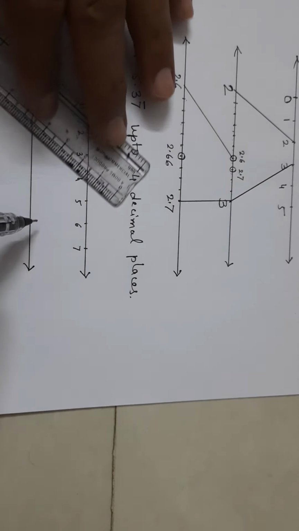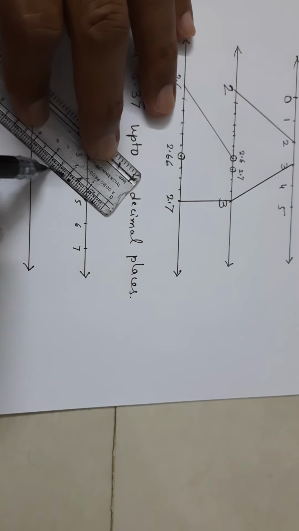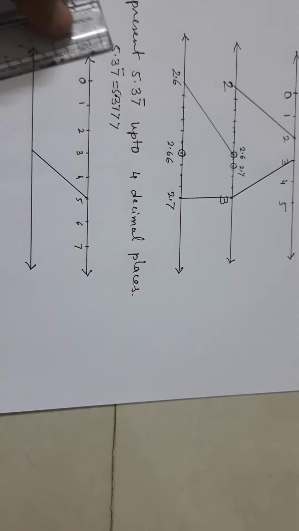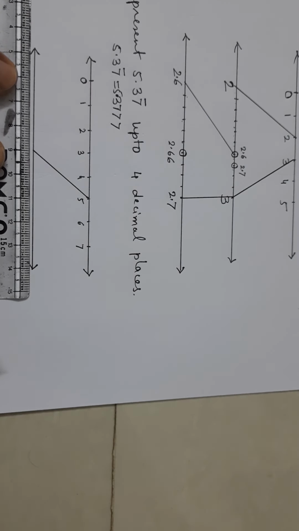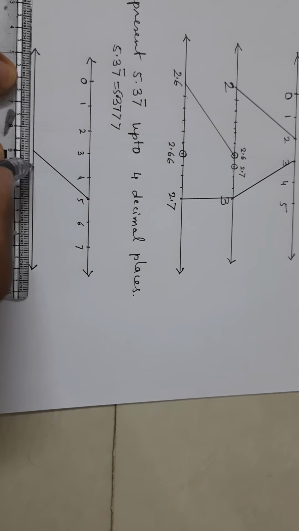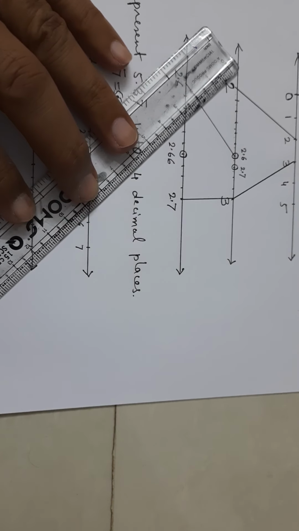At one end I am taking 5, at the other I will take 6. So let me again count 10 parts: 1, 2, 3, 4, 5, 6, 7, 8, 9 and 10. So 10 comes here.